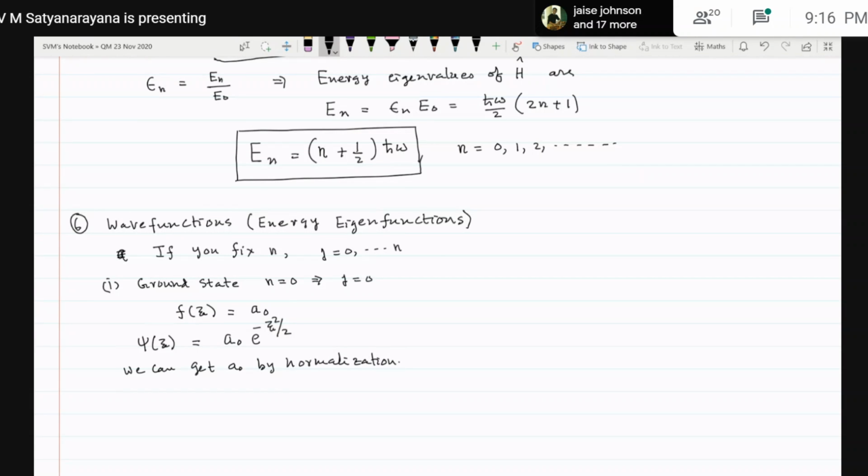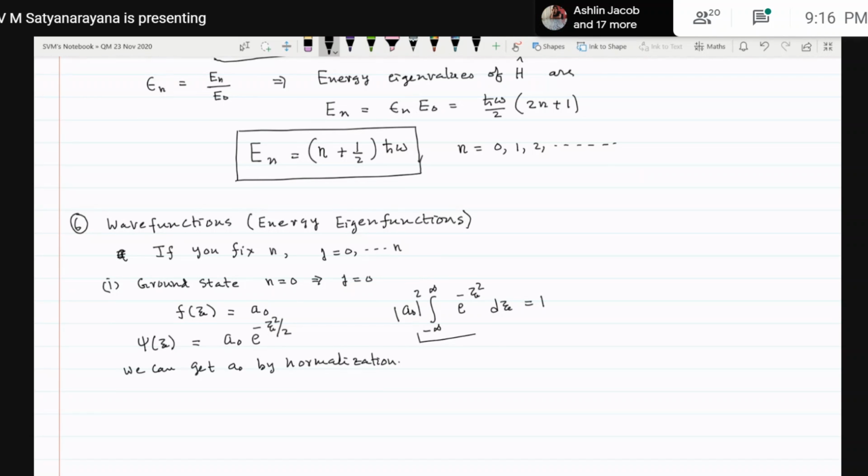How do you normalize? What is the normalization condition? Because the domain of this wave function is minus infinity to plus infinity, you have a0 square into the integral of e to the minus xi square d xi, and that should be equal to 1.